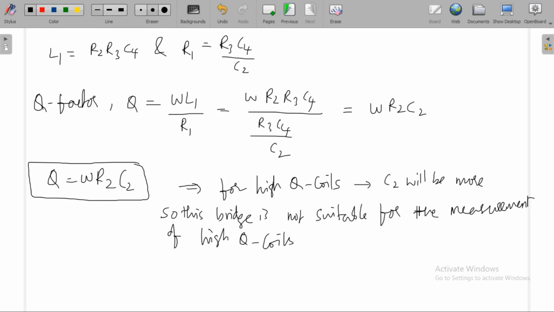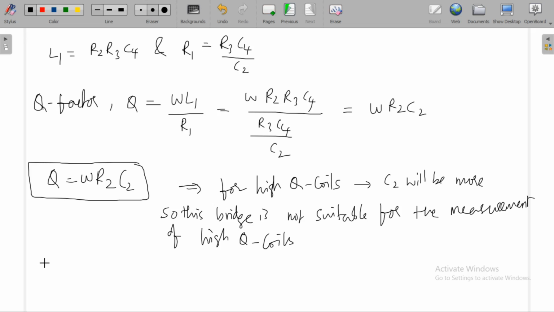So this bridge is not suitable for the measurement of high Q coils. Variable capacitor is very much expensive, and a large value of C2 is required for measuring high Q coils. C2 more means Q will be more.